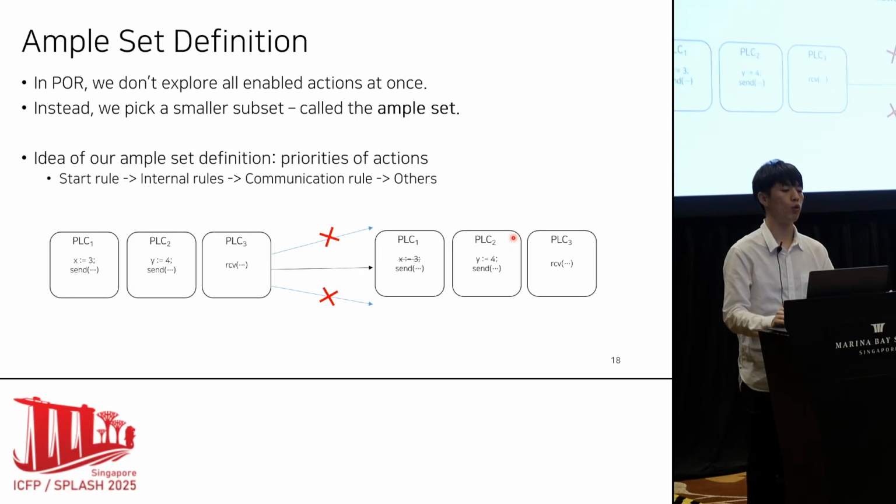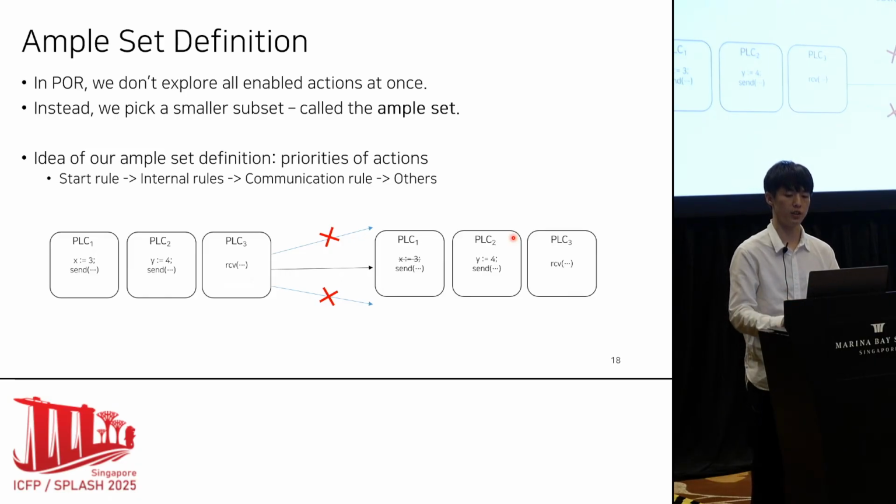We applied POR using the ample set approach, and an ample set is a subset of the enabled set which holds the transitions that are enough to capture all the important behavior. For example, in this diagram, we have three choices: executing this statement, executing this statement, or executing this statement.